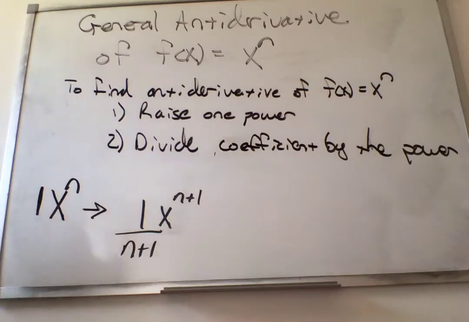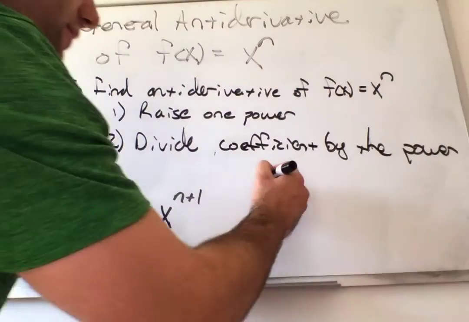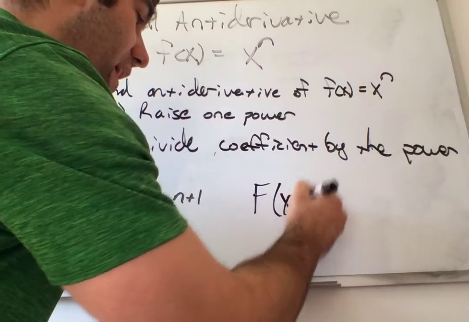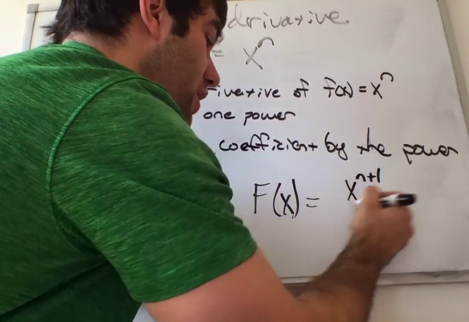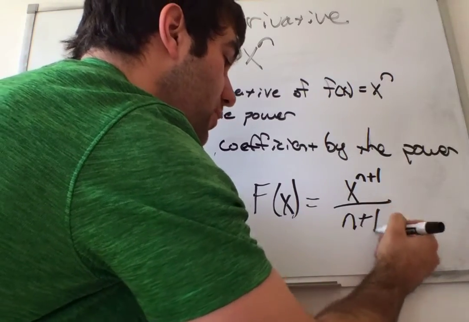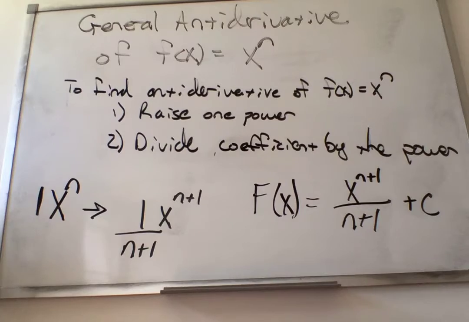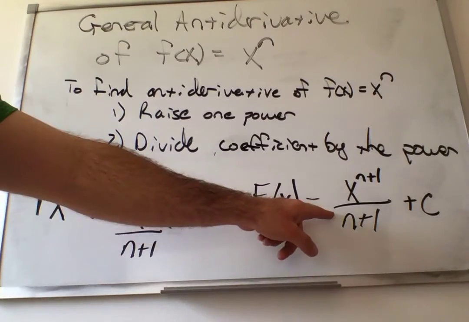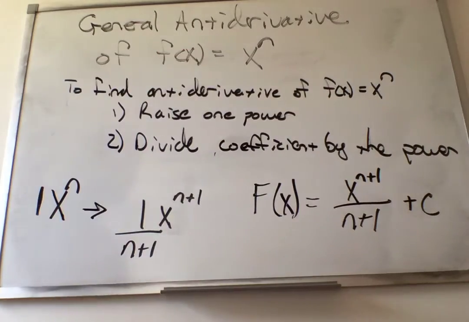So now the antiderivative of little f of x is big F of x is equal to x to the n plus 1 divided by n plus 1 plus c. This is the most general antiderivative of a power function.